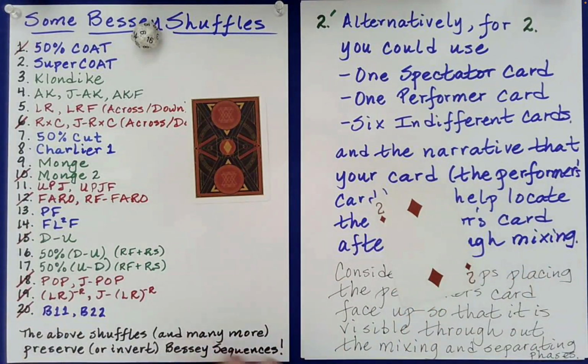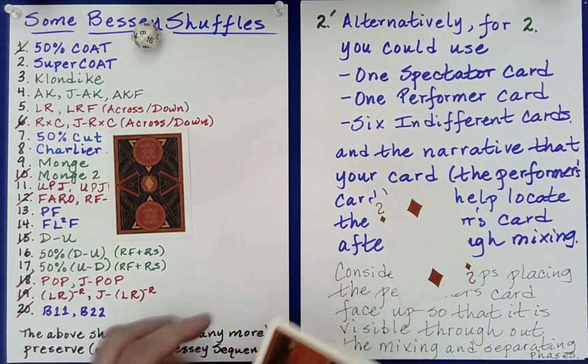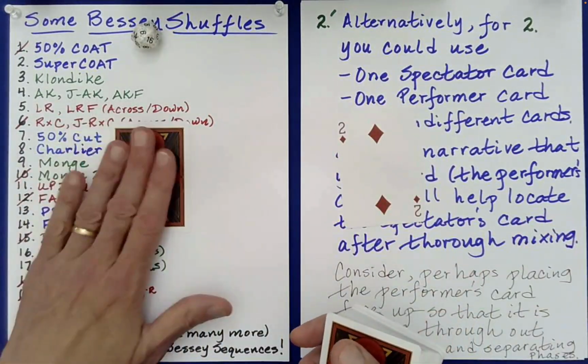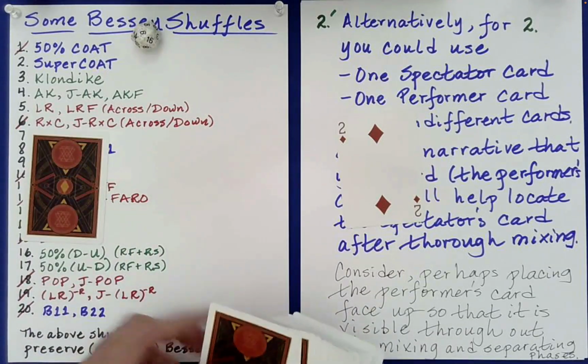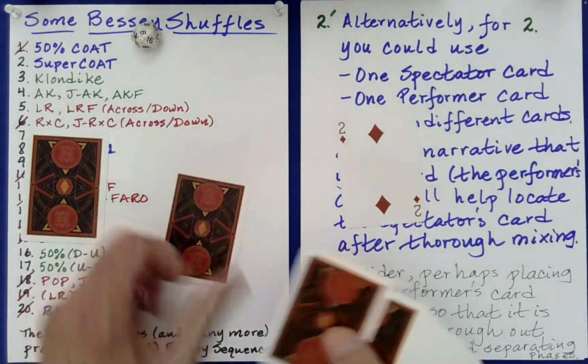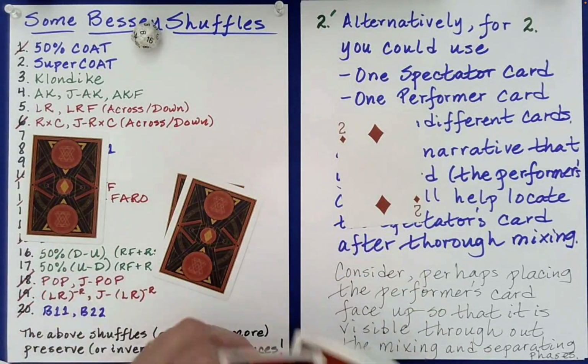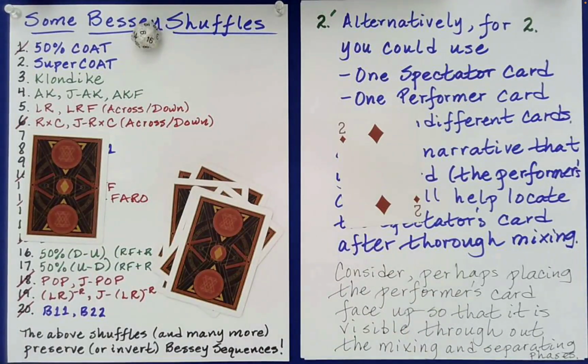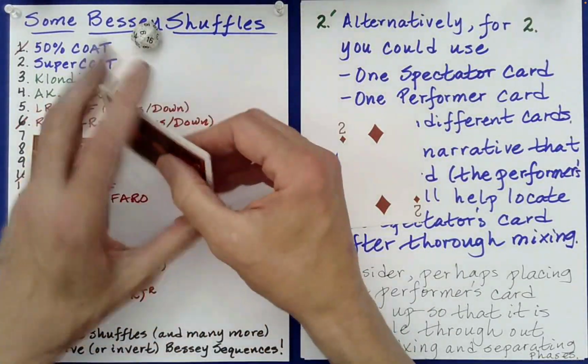And now we just need 6 other cards, okay? Now there's a few ways of doing this. This is their card there. So you could go ahead and just deal out 6 cards from different places in the deck, just so people feel comfortable that these are random cards, which they truly are, okay?